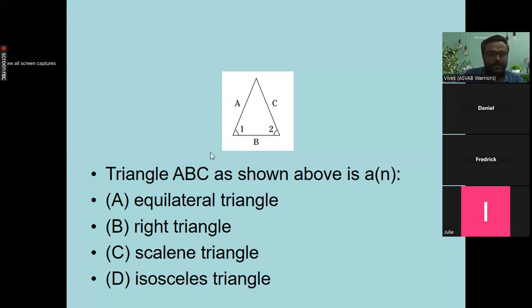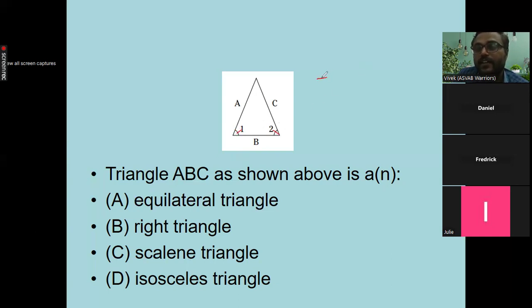Jacob says can't say. Frederick says A. Okay guys, if you observe carefully, this side and this side are of equal length. How can I say that? Look, when they put only one arc on this angle and this angle, that means this angle is equal to this angle.